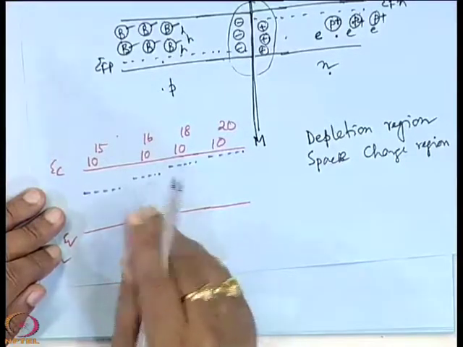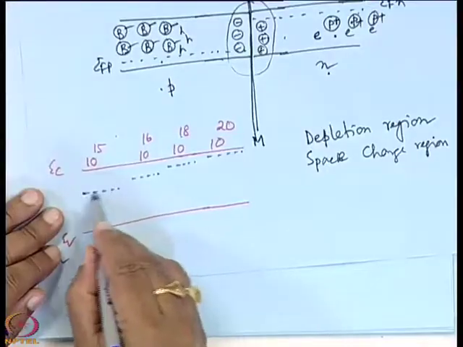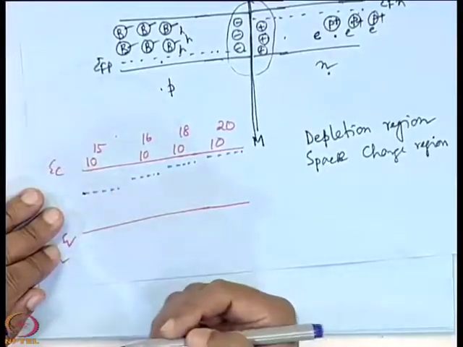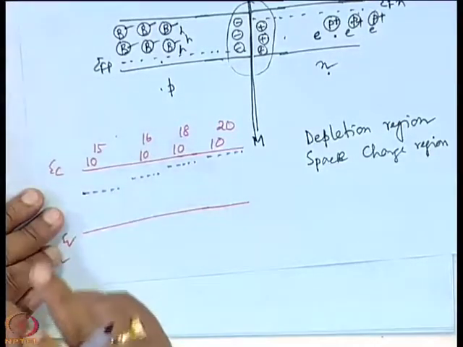That means the Fermi level changes as the carrier concentration changes. Since near or inside the depletion region the charge carriers are fewer, the difference between the Fermi level and the conduction band will be more.